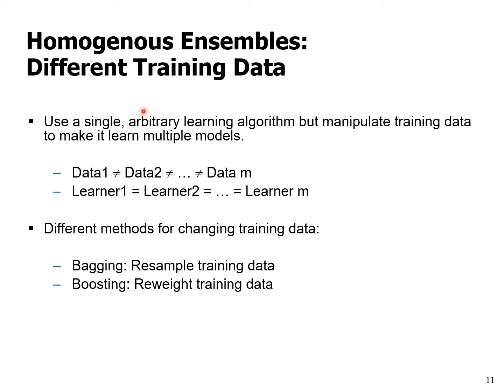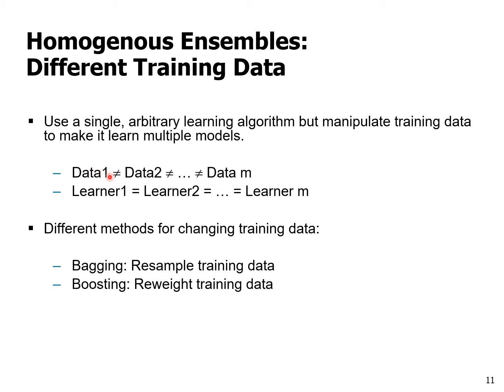So originally we have one training data, okay? And then by manipulating this original training data, we generate multiple training data. Let's say data 1, data 2, up to data m, okay? So given one training data, we create m different training data. And for each training data, we construct a learner or classifier using this learning algorithm.